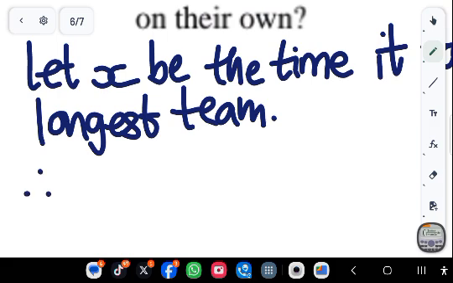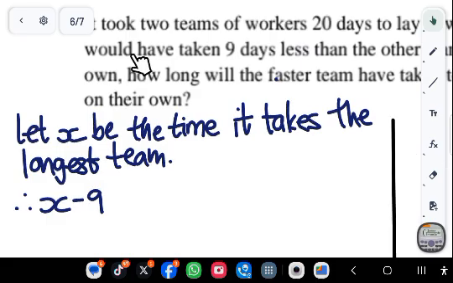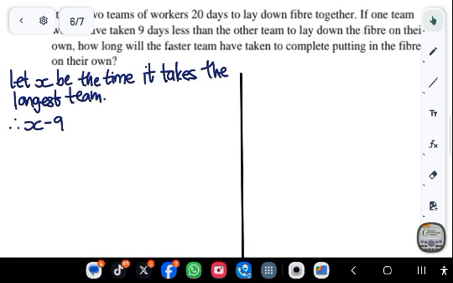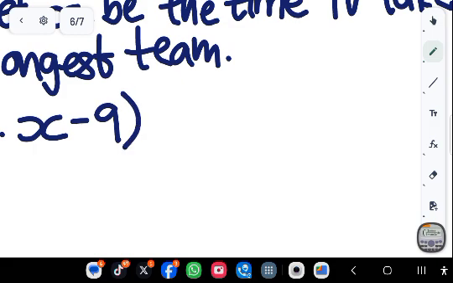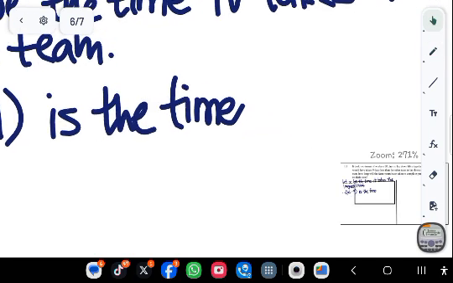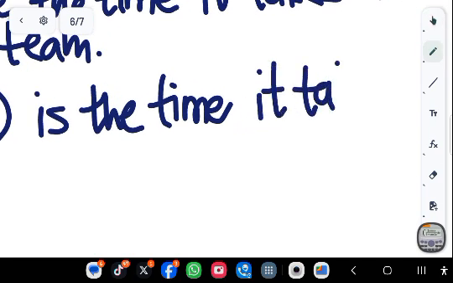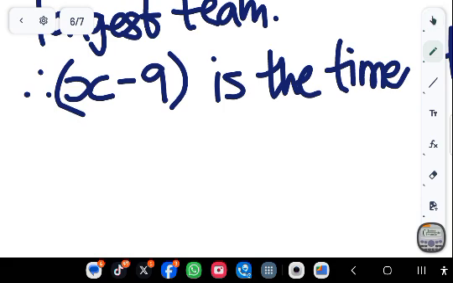And then x minus 9 is the time it takes the shortest team, the team that would have taken 9 fewer days than the other team.